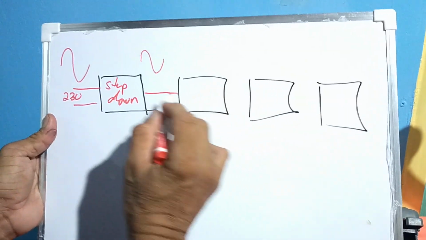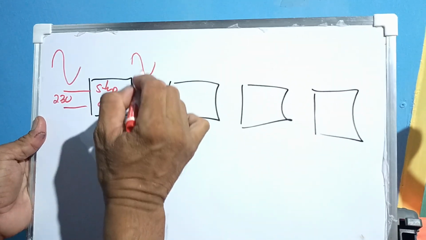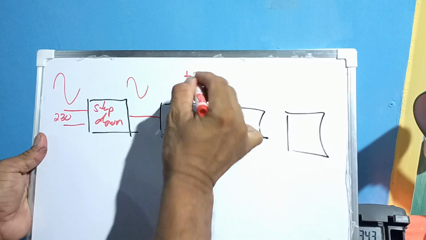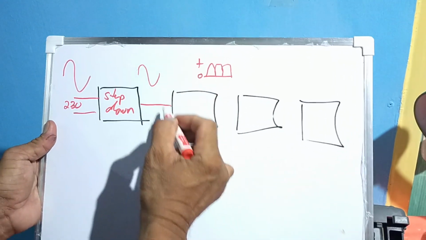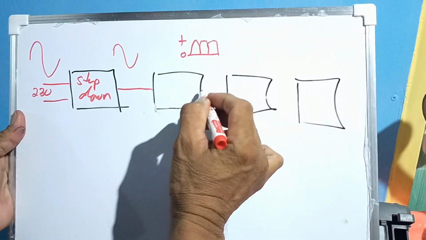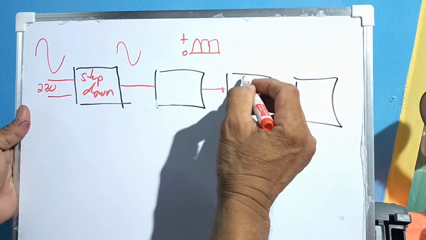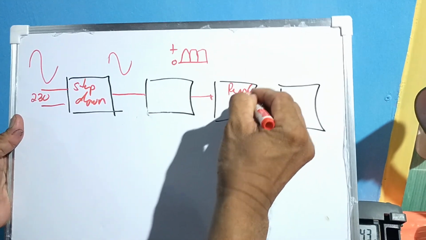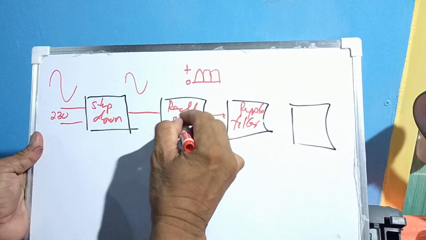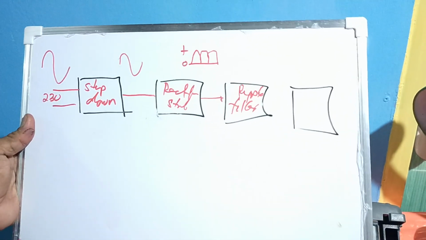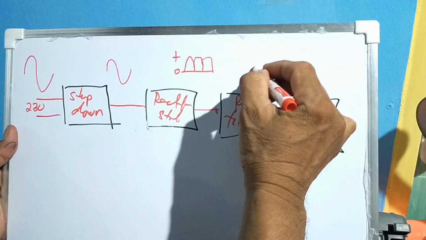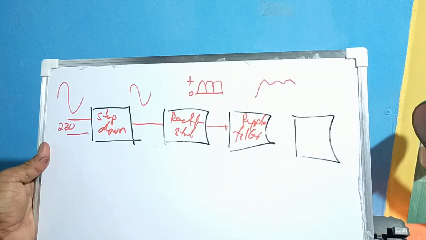The rectifier stage will convert this AC voltage into pulsating DC. That is now the operation of the rectifier stage, converting AC into pulsating DC, before this pulsating DC is fed to the ripple filter. The ripple filter stage will smooth out the pulsating DC into a varying DC.